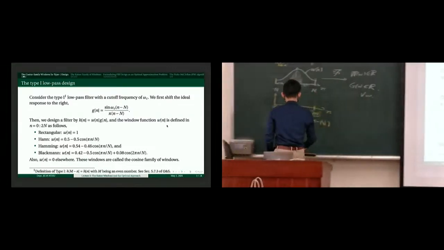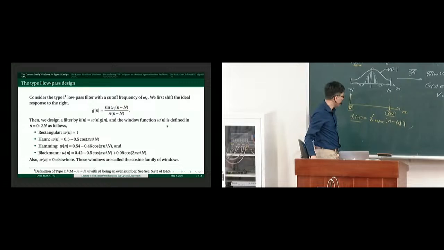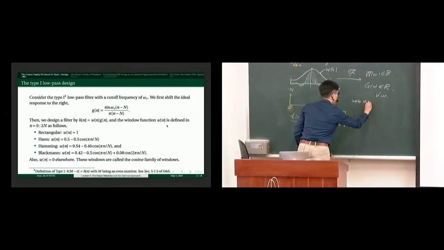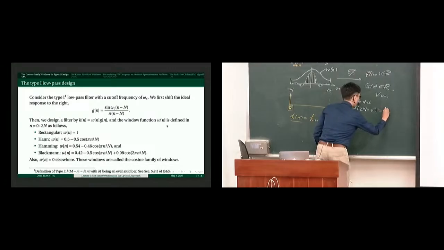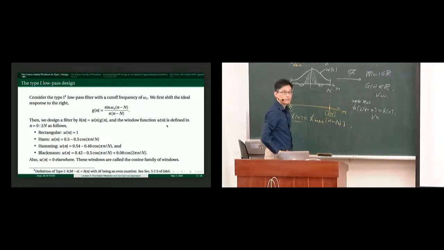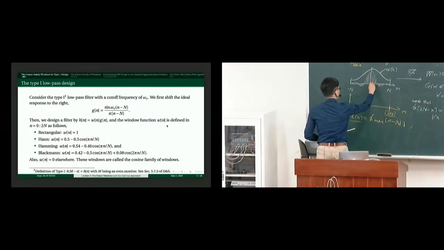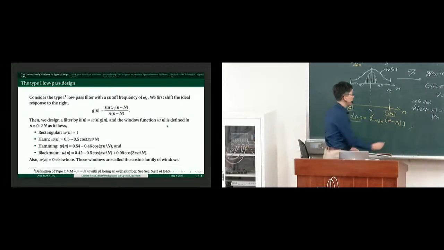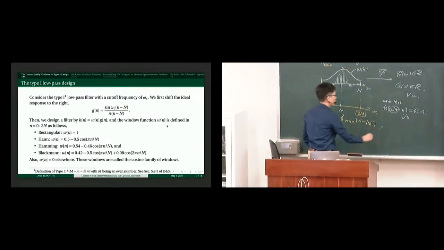So here, we have h of 2N minus n equals h of n for all n, because after shifting, the symmetry point is now time N. So your filter is going to have this symmetry, where there is an integer M equal to 2N.